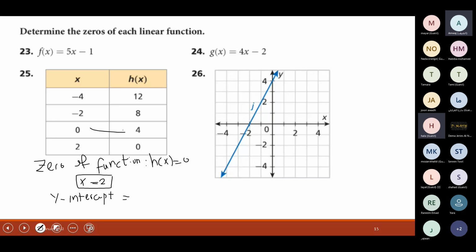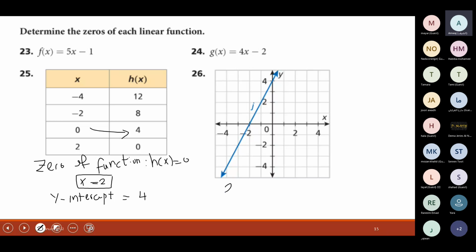Why at 4? Because x is 0. Yes, y-intercept means x is 0. We said before the y-intercept is when x is 0, and the x-intercept is when y is 0. So the y-intercept is at 4. Is it clear now? Yes. Thank you, teacher.